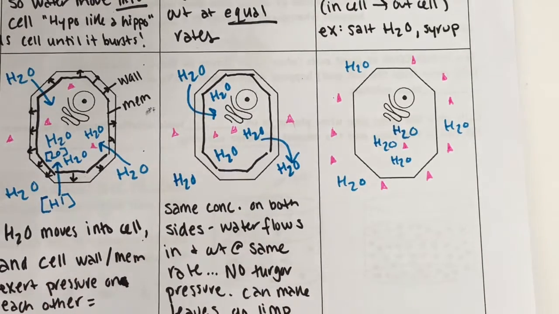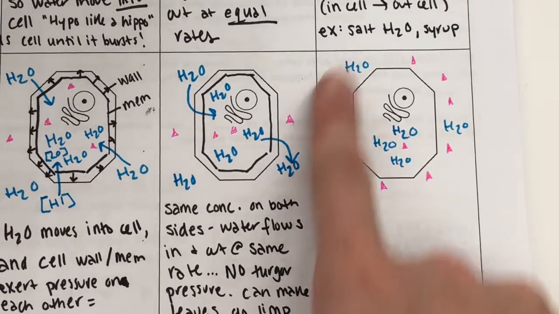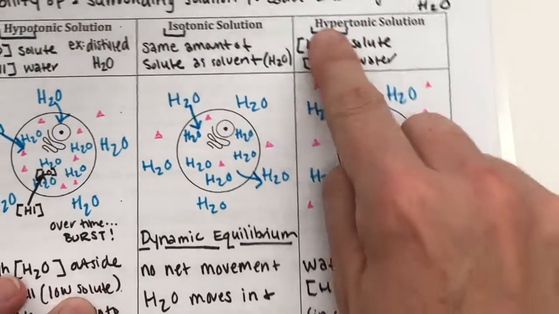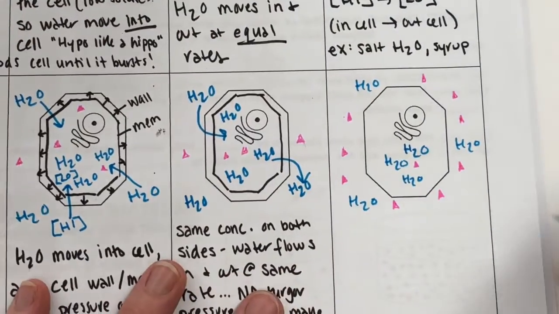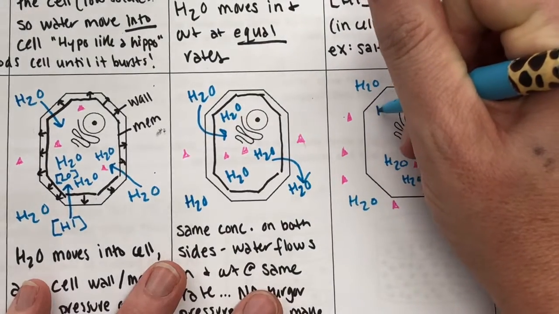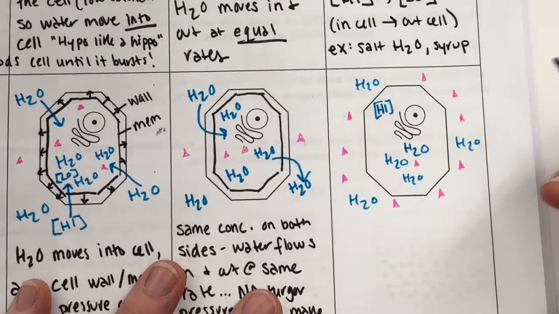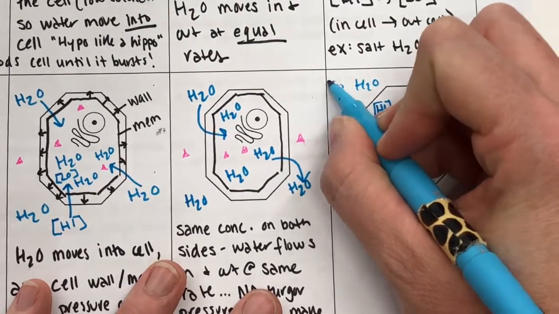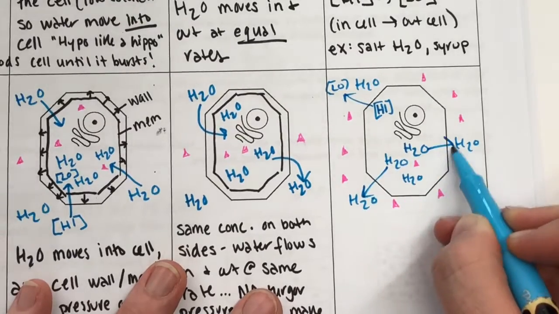And what happens is now we have more water on the inside, less water on the outside. Hypertonic, meaning more solute than solvent surrounding our cell. So now water is going to move from a higher concentration inside the cell to a lower concentration outside the cell. So this water is going to leave.